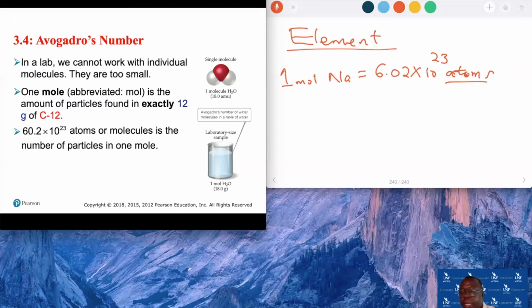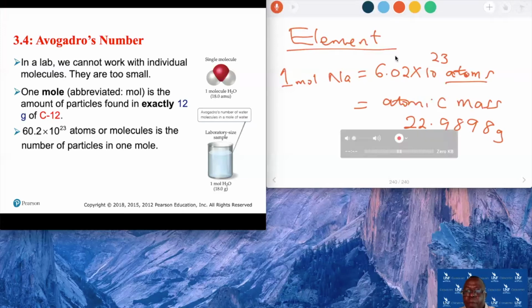You see, this is now changed to atoms because you are looking at one element, and it equals the atomic mass. In this case, for sodium, it's 22.9898. I'm getting this from the periodic table, and this is in grams because I have Avogadro number of atoms. It will weigh whatever we have.